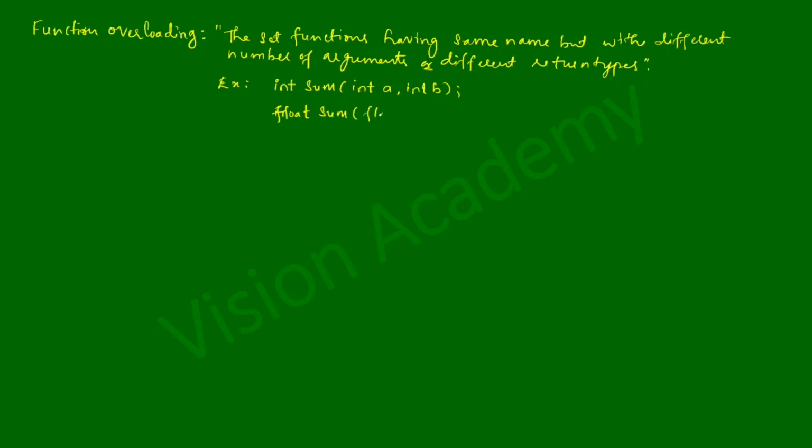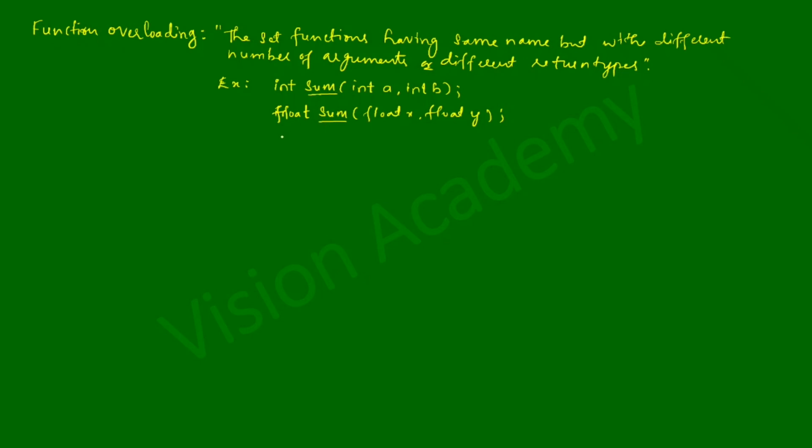Now I'm going to write here float x comma float y, and of course in both of these two function declarations we have got two arguments only, but the return types of these two functions are different, so we can have more than two arguments as well. So here you can see sum, and this is also sum. So it is a single interface but many methods.